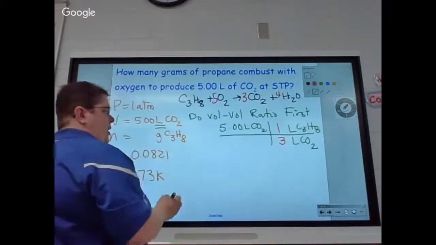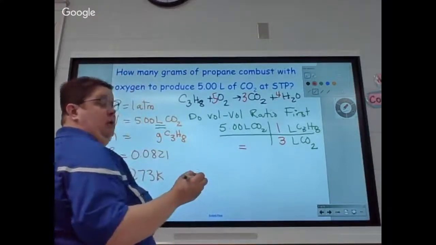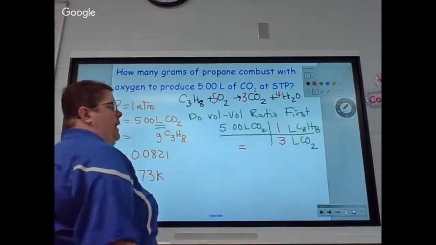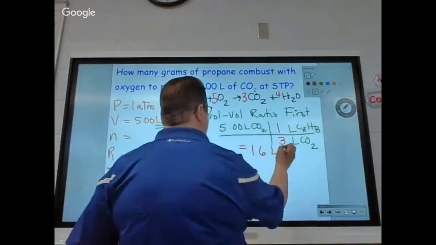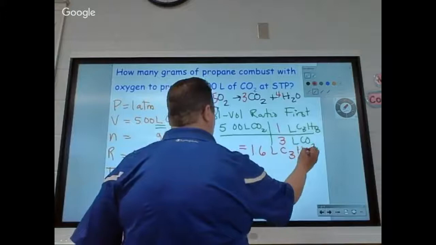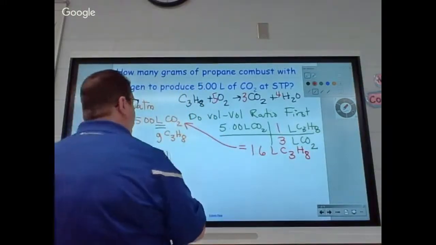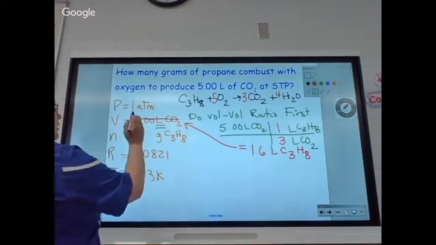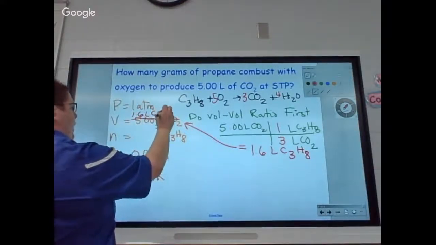So 5 divided by 3 is what? 1.6. Thank you. So this is now my new volume. Instead of using this one, I'm going to put 1.6 liters of propane.